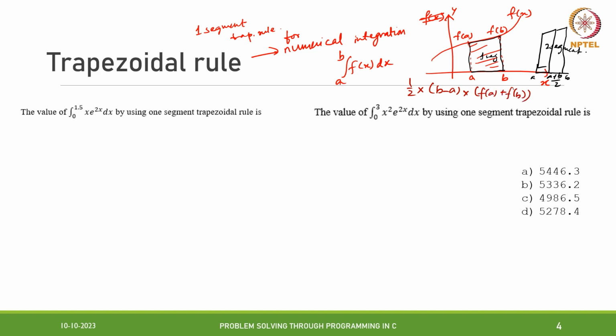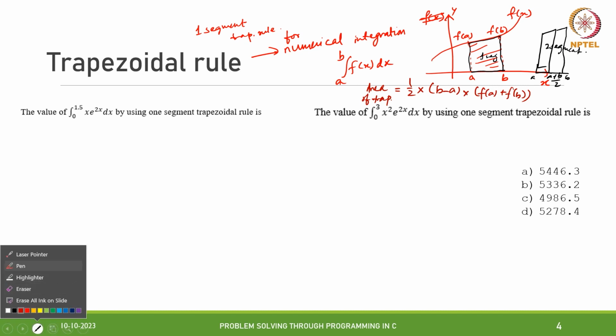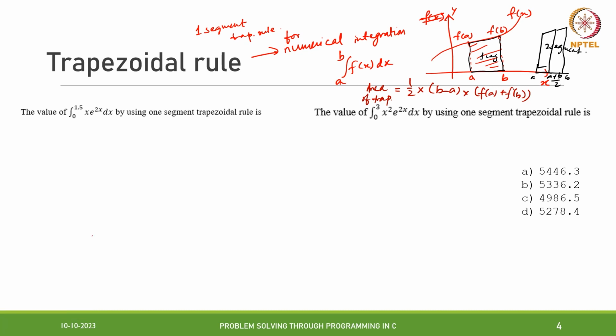So the sum of the parallel sides multiplied by the height, which is b minus a, multiplied by half. So that is the area of the trapezoid. Now let's just keep that in mind, and let's try to solve this question.